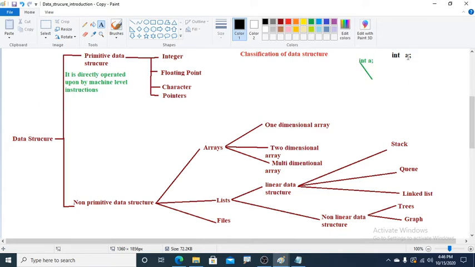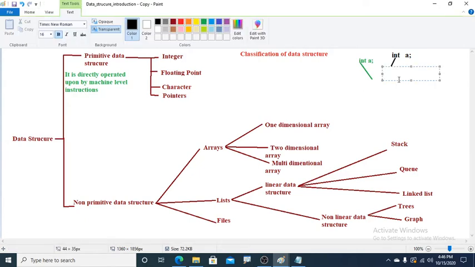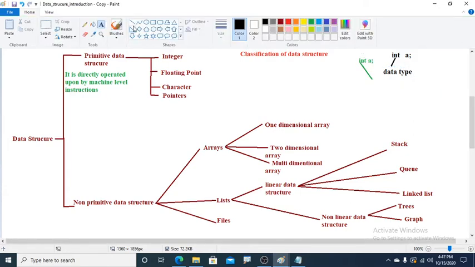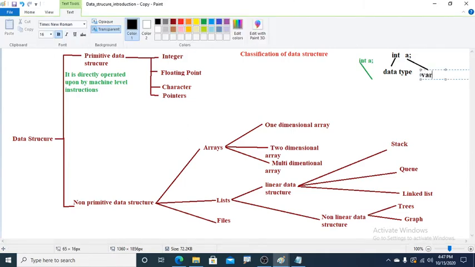Here int indicates the data type, and a indicates the variable.